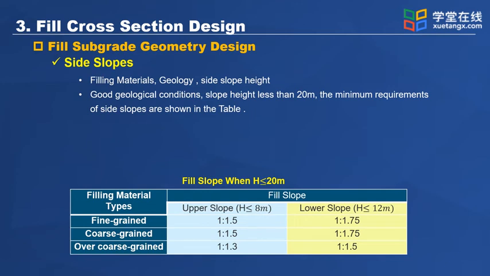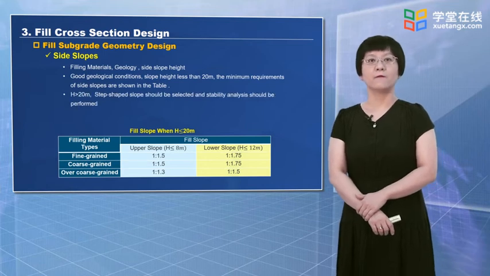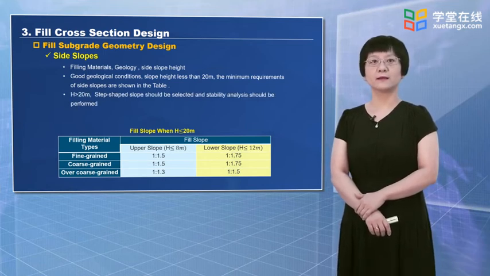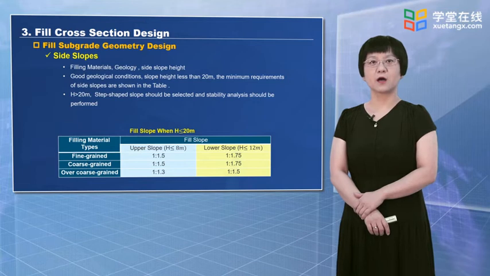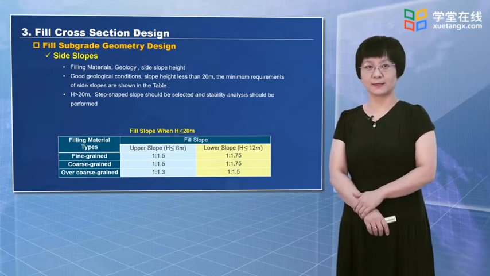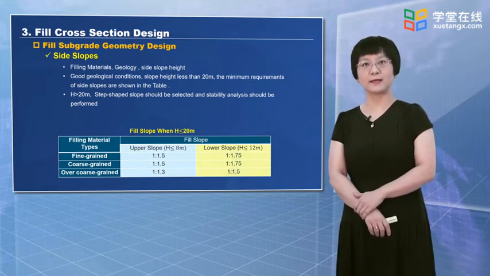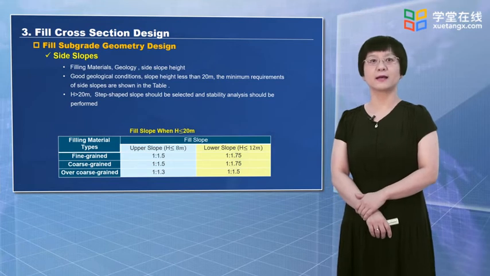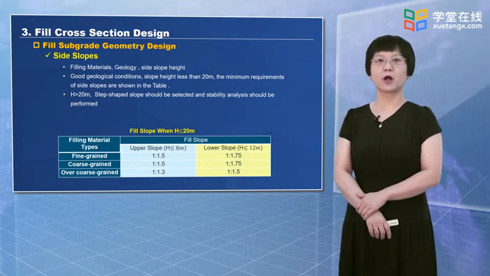Second, for the embankment with good geological conditions and less than 20 meter height, the slope ratio should not be steeper than those presented in the table. Third, for fill higher than 20 meter, step-shaped slopes should be constructed, and the stability should be verified with the simplified Bishop method.